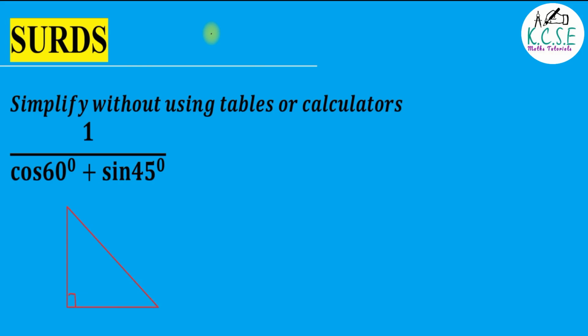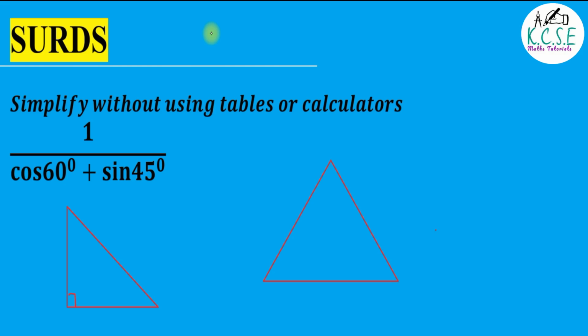Then another triangle that you're going to use is an equilateral triangle, sides 2 units. So these are the two triangles that you're going to use to obtain cosine of 60 and sine of 45.